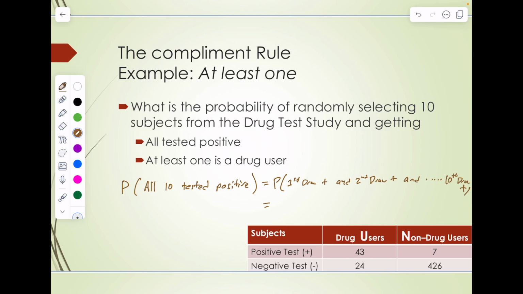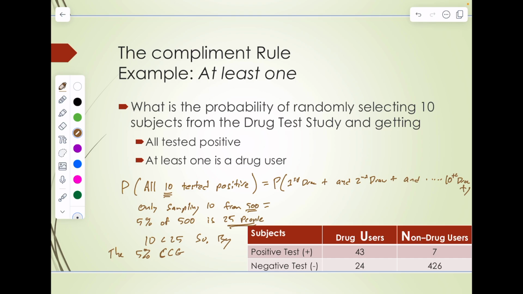Now this would be very difficult to compute. However, because we are only sampling 10 from 500, 5% of 500 is 25 people. 10 is less than 25 people, 5%. So, cumbersome calculation guideline, which I'm going to abbreviate as CCG. Because of the 5% CCG, cumbersome calculation guideline, we can regard these as independent draws.